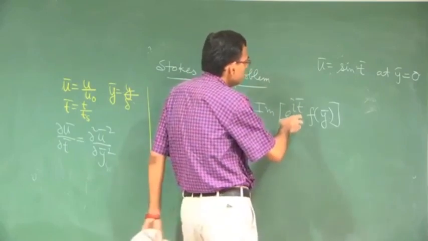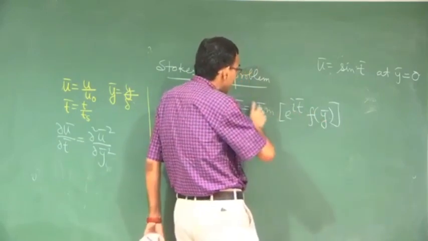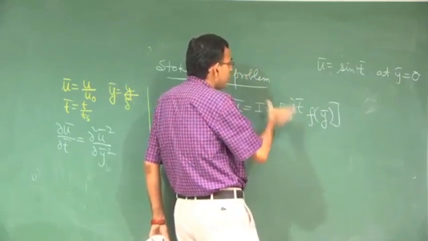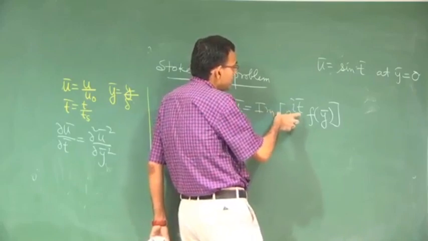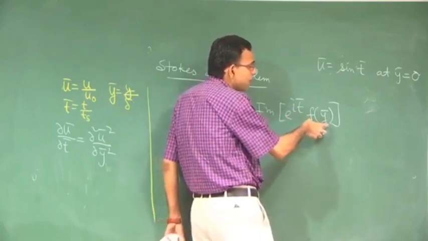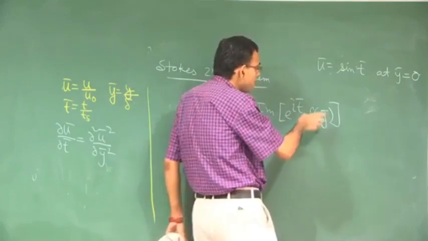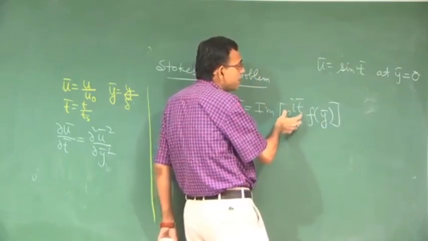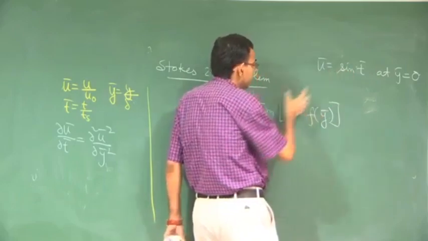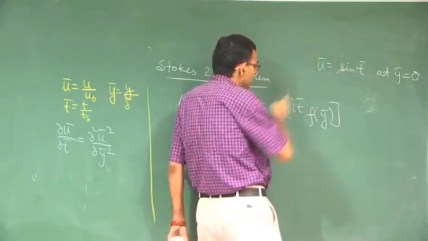And then you can adjust to the boundary condition by noting that u bar will be sin t if f(y) is equal to 1. So, imaginary means the sine part of it should match with the boundary condition. Had it been cosine, it would be real.